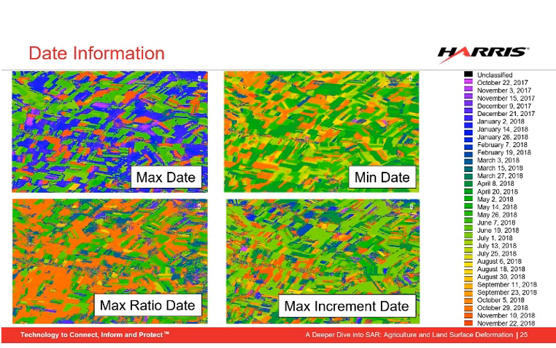The max ratio and max increment both give information that pertain to specific crop stages. So once again, for example, with grains, the maximum increment picks out the emergent stage, when plants begin to grow leaves, making it easy to track fields versus fields for growth and management purposes. So with date outputs, we can get an understanding of the growing period of the agriculture and also create shapefiles and use it for classification purposes.